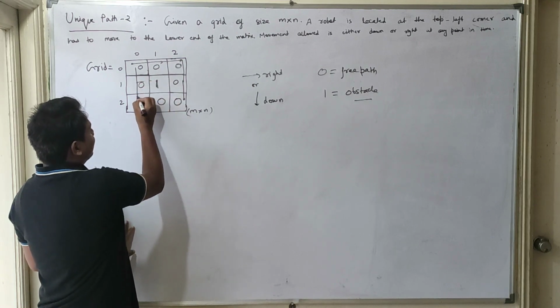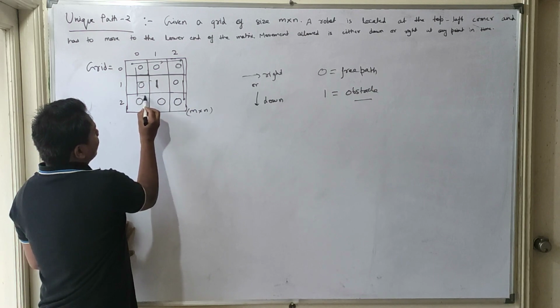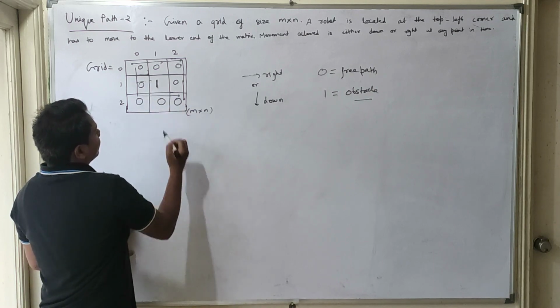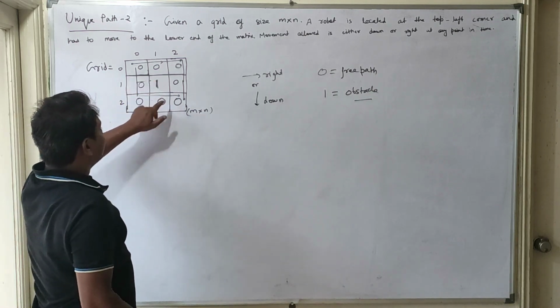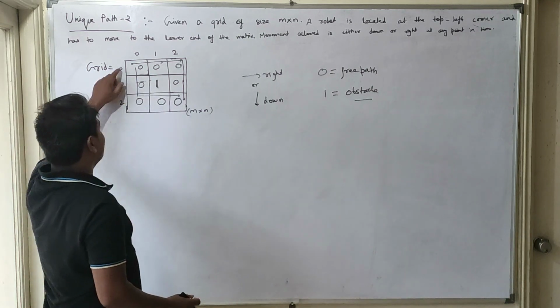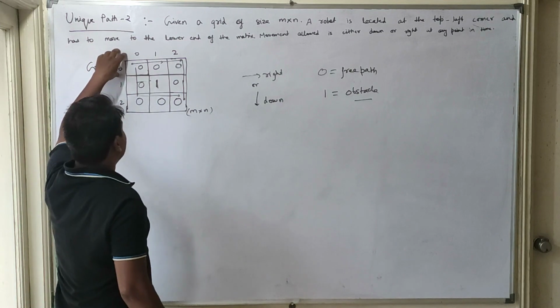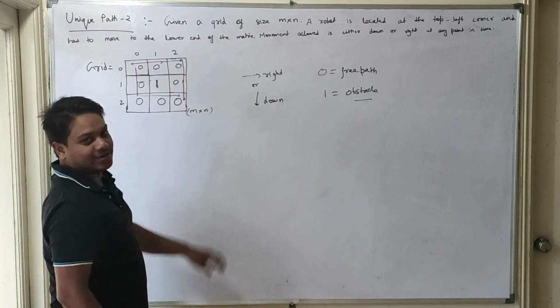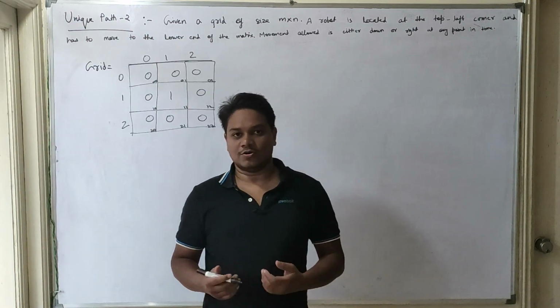Then again it will move down, then it can move right, again it can move right. So these are the only two possible paths through which the robot can go from the starting to the end of the matrix. Okay, so how do we solve this problem?